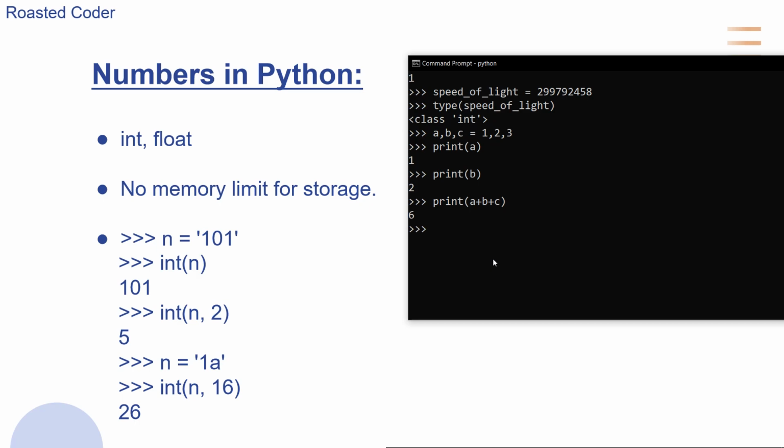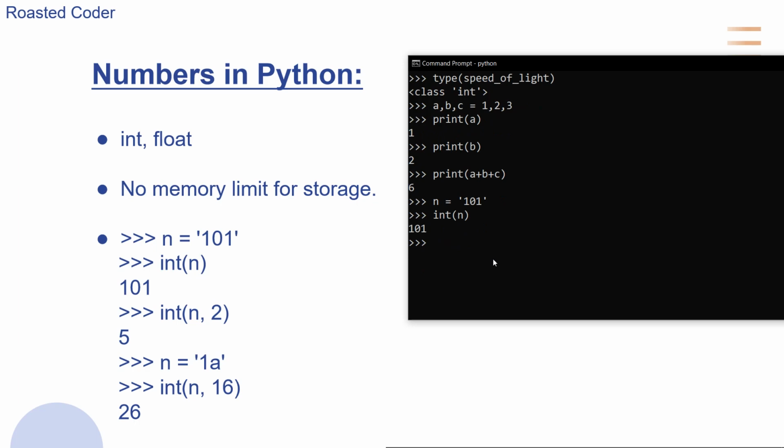Now if you want to convert these to int, int of n will return 101. You can see it's 101, and it can only convert strings which have digits in that string. And if you want to convert this, a b, just ab, to int, it will return an error.